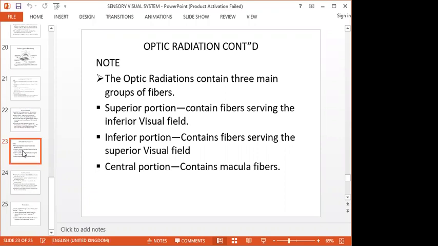In other words, if these fibers are damaged, in terms of visual fields, you have to take this into consideration. If superior fibers are damaged by some lesion, the visual field must be inferior. Temporal fibers damaged, the visual field must be nasal in that eye.